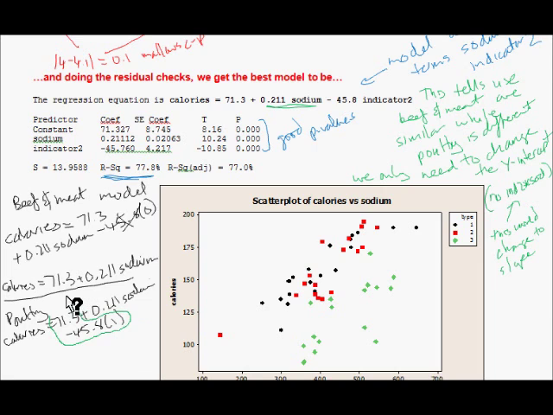We're going to subtract 45.8 from the intercept. So if we take 71.3 minus 45.8, we get 25.5. So the final model for poultry is calories is 25.5 plus 0.211 times sodium.